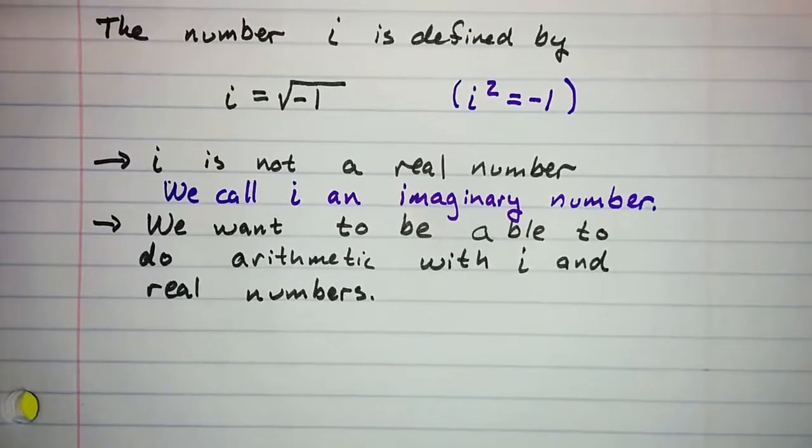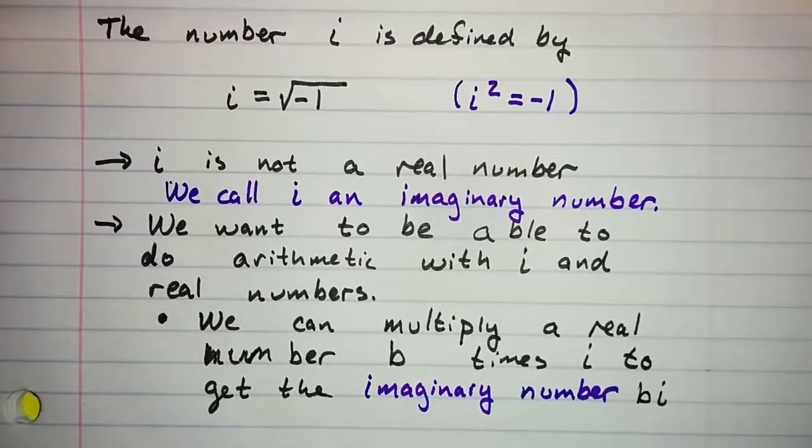So we can multiply a real number times i. If we multiply a real number b times i, we get the imaginary number bi, and we just write it as number times i. So for example, 5 times i, we would just write 5i.